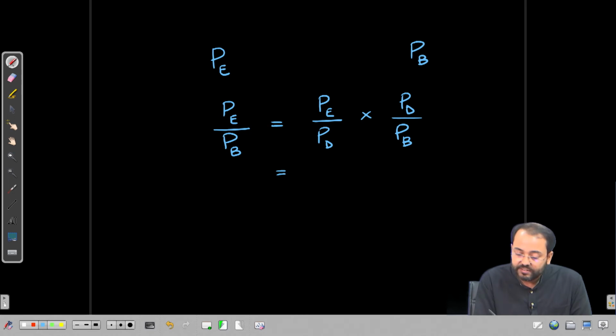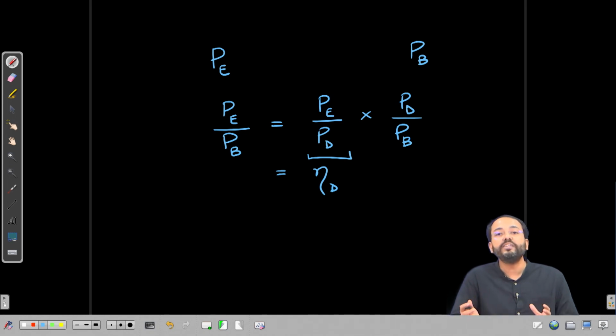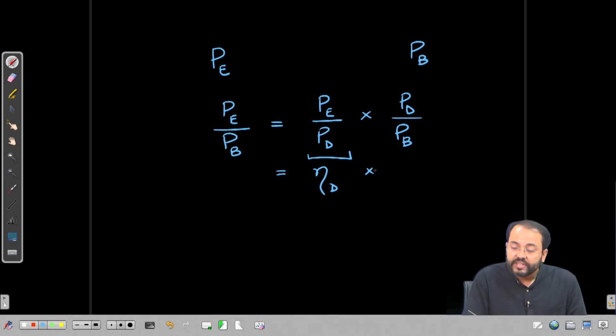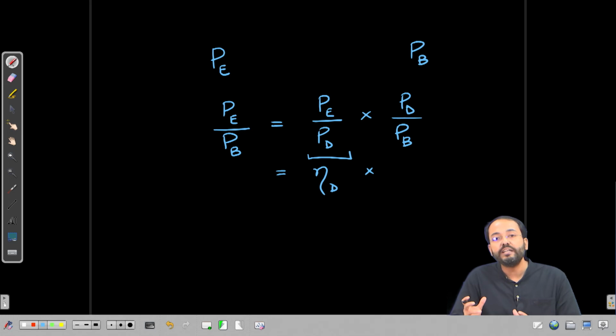Now, this first term is the quasi-propulsive efficiency depending on the hydrodynamics of the ship and propeller, and the second term is basically the shafting efficiency, because the delivered power depends on the losses that are incurred in the shaft.